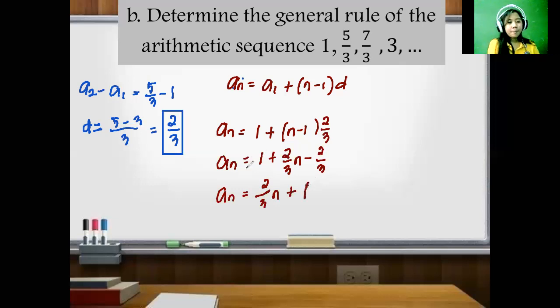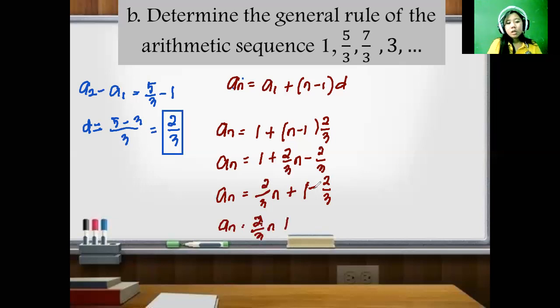Kasi po ang ating 1 is a positive number minus 2 thirds. Okay. Plus, unahin po muna natin i-simplify si 1 minus 2 thirds. Okay? So, si-simplify po natin siya. A sub n, kopya po ulit tayo. 2 over 3 times n.